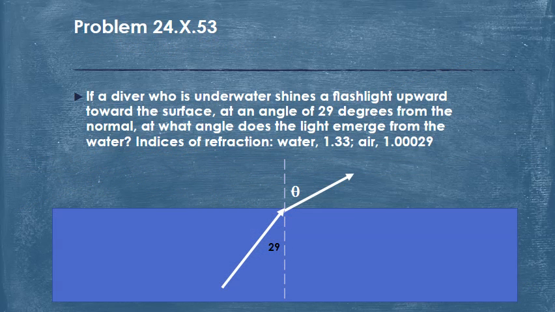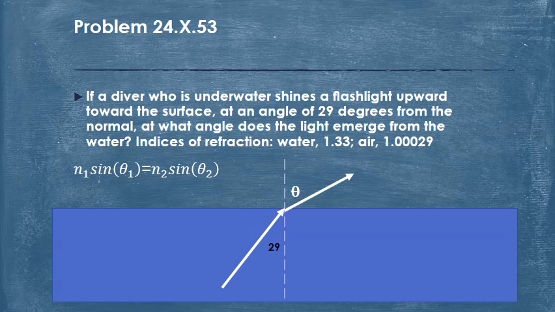Okay, let's practice with a few problems. So this problem, the diver is underwater, shines his flashlight upward towards the surface at an angle of 29 degrees from the normal. At what angle does the light emerge from the water? Snell's law will allow us to calculate the angle theta you see here.